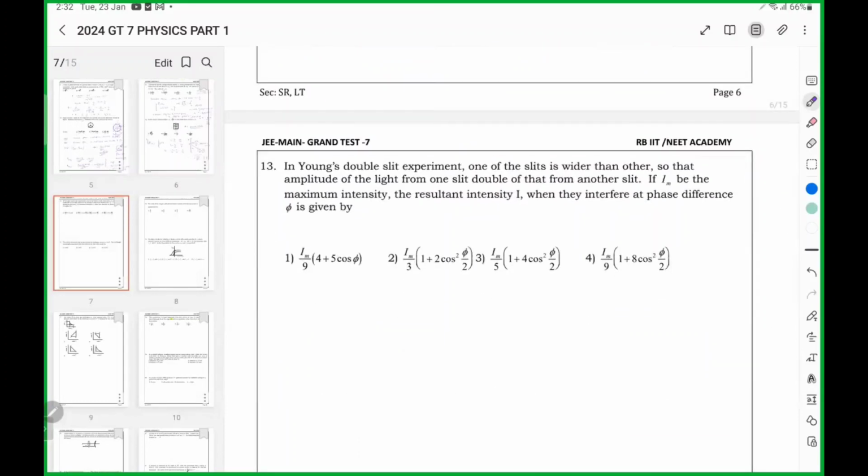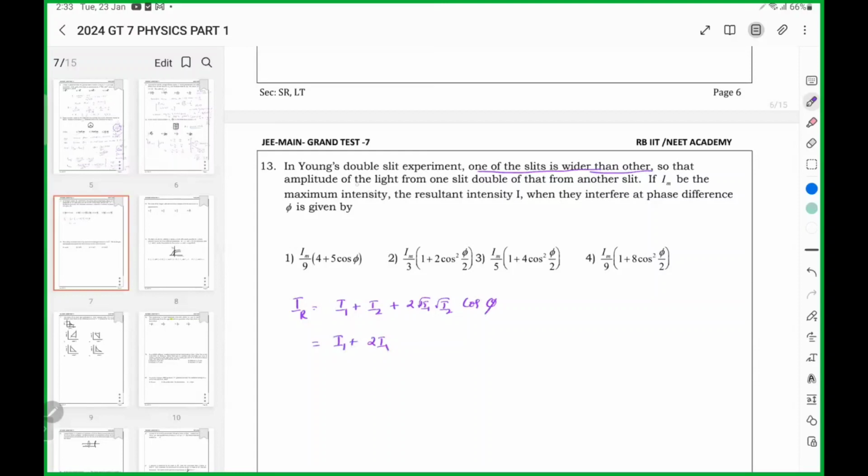So in Young's double slit experiment, one of the slits is wider than the other. One slit has double the intensity of the other. IM is the maximum intensity. The resultant intensity is I1 plus I2 plus 2 root I1 I2 cos phi. One of the slits is wider, so wider means more intense.